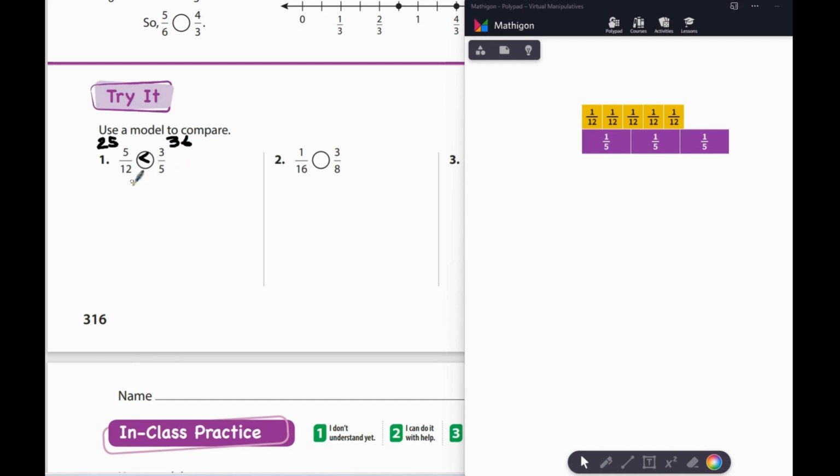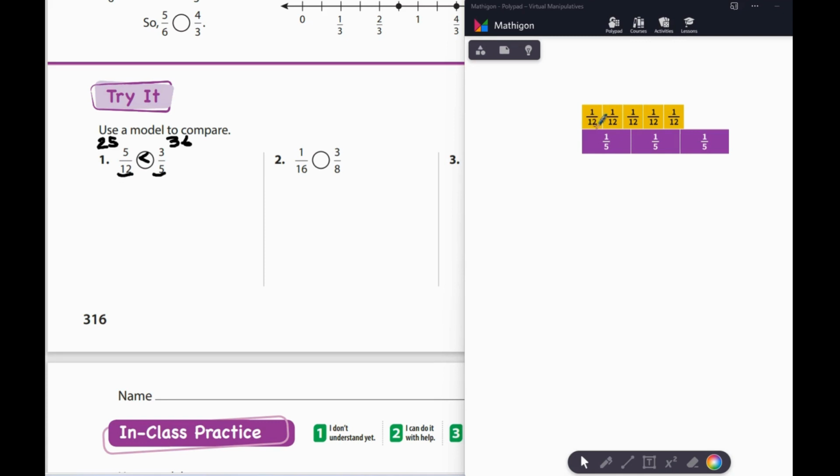See? The other way I can do it is look at the denominators, 12 and 5. Okay, this is something you're going to have to remember. The bigger the denominator, the smaller the parts.